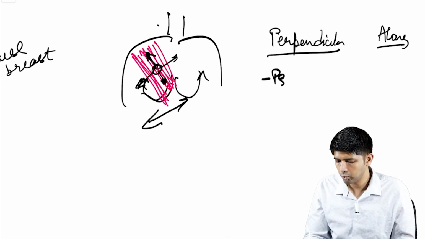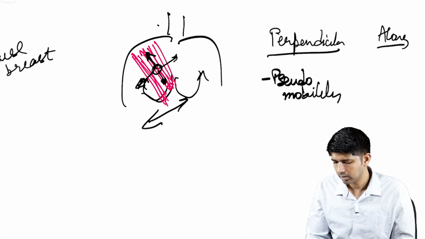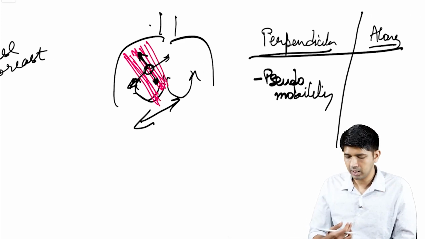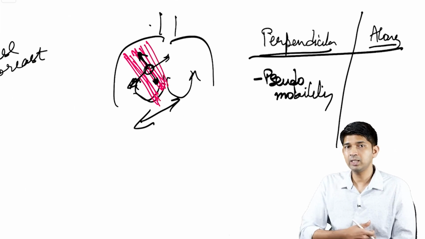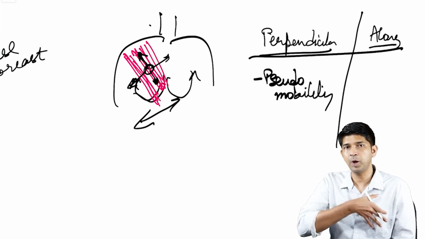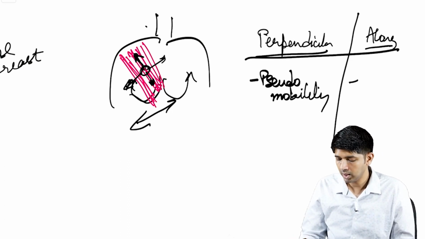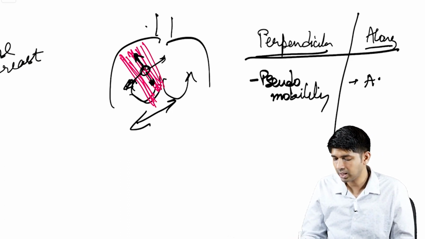So you can have pseudo mobility. Whereas if it's along the fibers of the pectoralis major, because it has an origin and insertion, and there have to be two proper bony landmarks for that, you can't move the bone when you're doing that. So here, this will give you actual mobility.